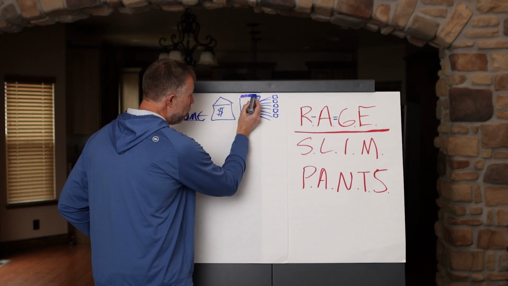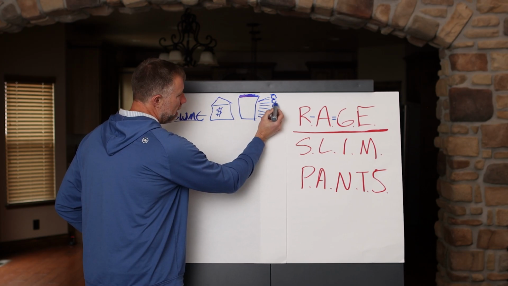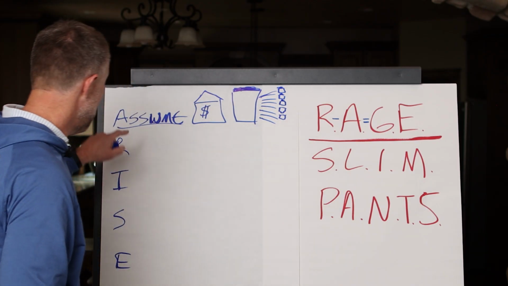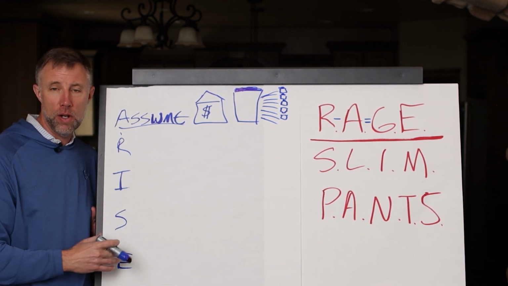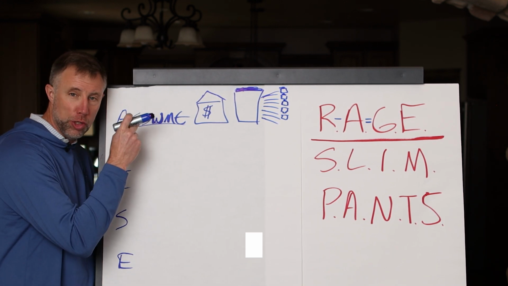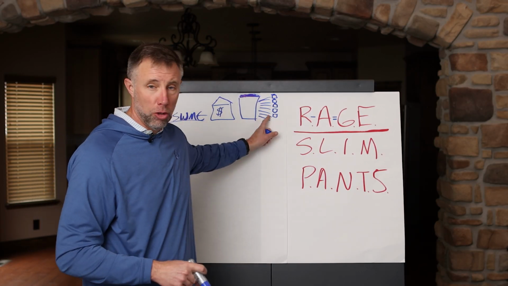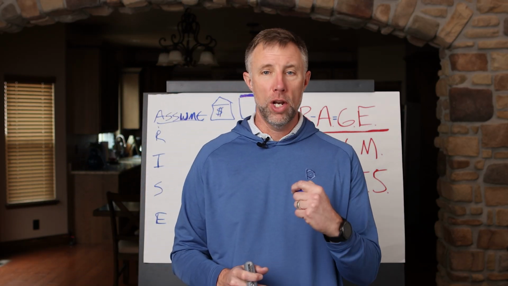And we want to take the volume of popcorn or money that's in here and start to put it in these smaller buckets by percentage, and that way we start to know instead of assuming. This is a huge red flag for anybody who feels like they're in a cash flow crunch: we're assuming instead of knowing. And knowing, we can subdivide that out, but this takes a little bit of work to be able to do that. We don't want to be in the popcorn bucket trap. We want to know our money.